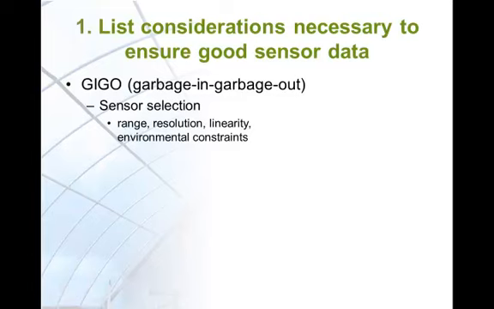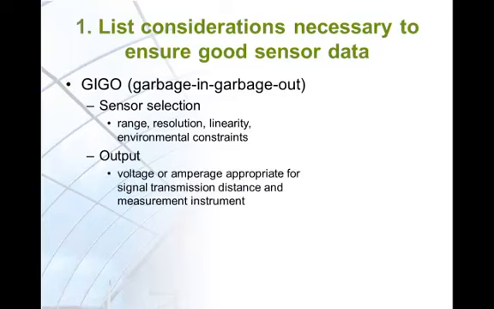Later in this module, you will be able to see what range, resolution, and linearity look like. Decide which sensor is the most suitable for the intended application. Whether voltage or current output of a sensor is preferred depends on signal transmission distance and costs. Typically, current output is preferred for data transmission of longer distance.